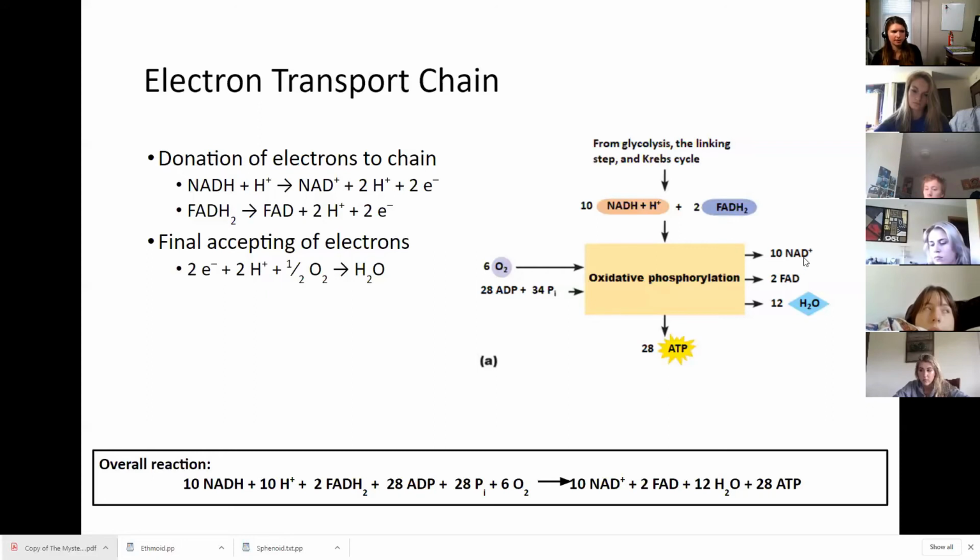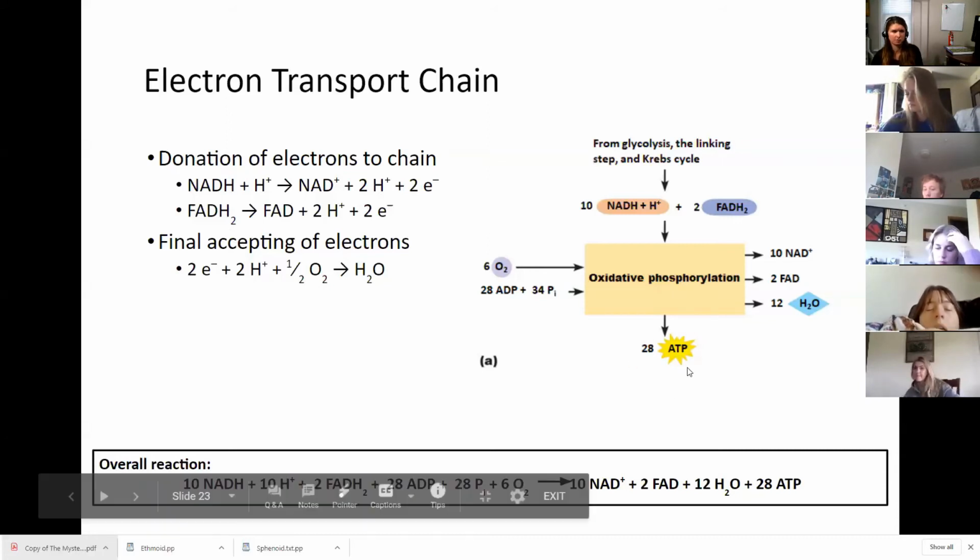They don't get completely used up. They are basically regenerated by the end of this process. We're also going to get a ton of ATP. Don't get hung up on the specific number because this is variable depending on tissue type, but 28 would be a reasonable number, 30 would be a reasonable number. We're going to get a lot of ATP, something in that range produced here.